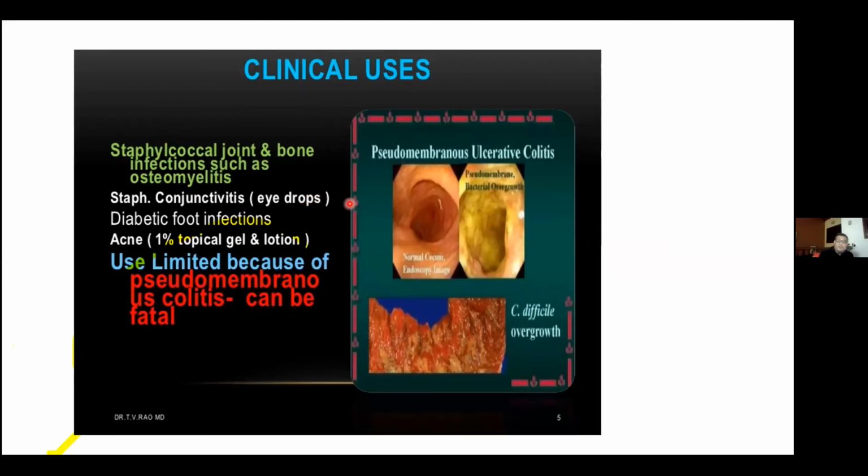Actually speaking, pseudomembranous enterocolitis can happen with any medication. But for unfortunate reasons, clindamycin has the tag of causing fatal pseudomembranous enterocolitis. But it is not so common in our clinical practice.